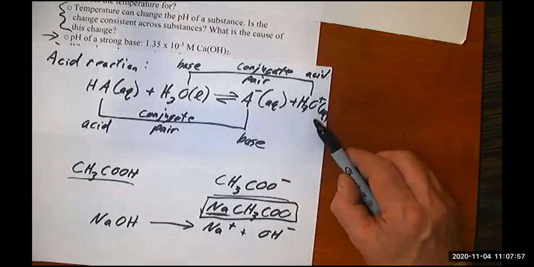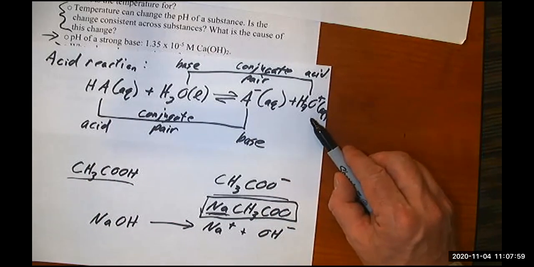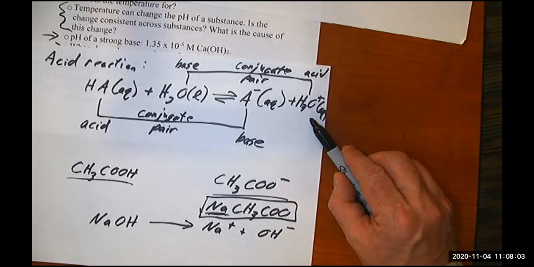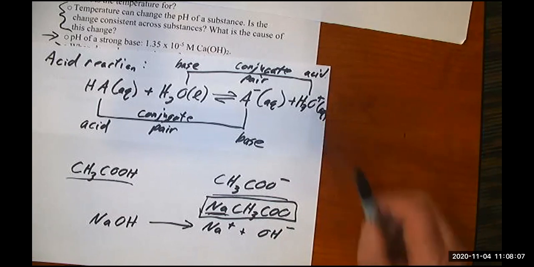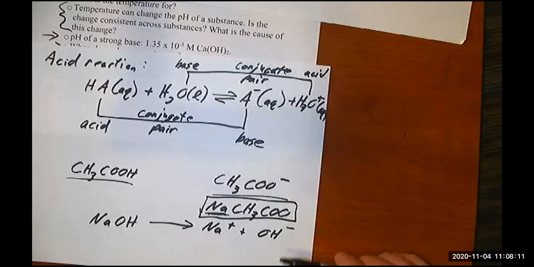And so that is going to decrease the amount of acid that's present, thereby making the solution basic. So if you make a solution with the salt of a conjugate base of a weak acid, you make the solution basic. And you can make the same argument the other way around for the conjugate acid of a weak base.